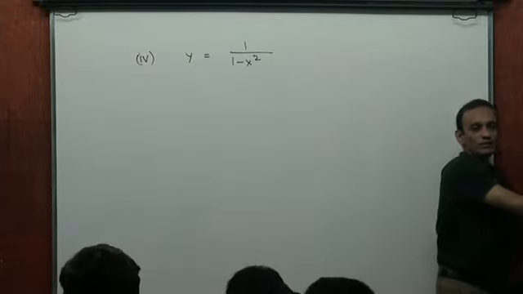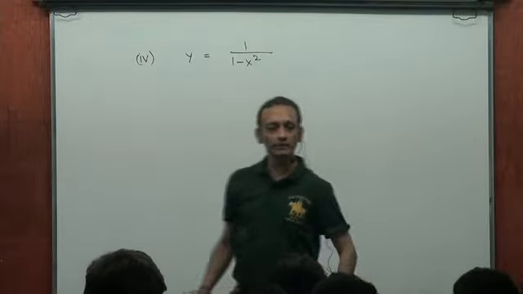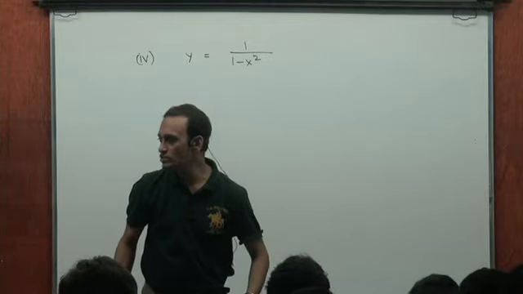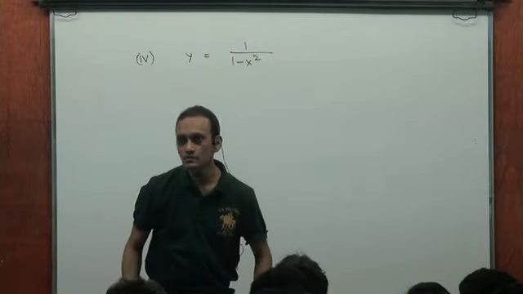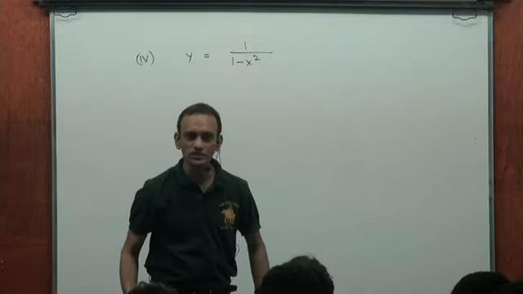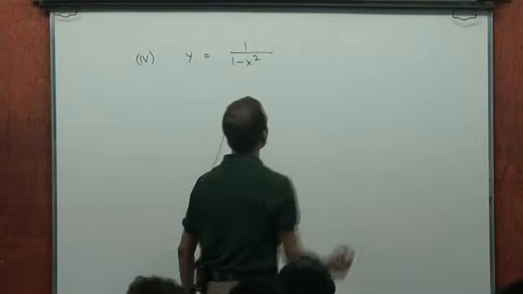Y equal to 1 by 1 minus x squared. Two vertical asymptotes, x equal to plus 1 and x equal to minus 1 for this function.